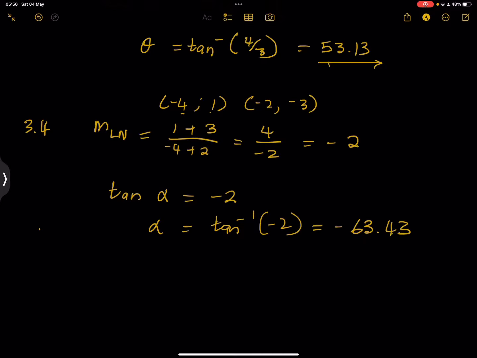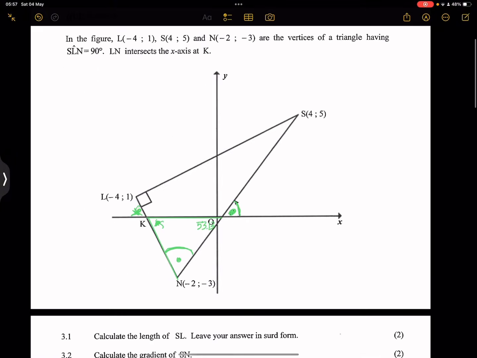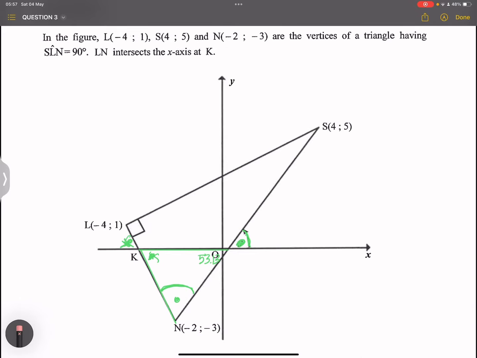That has a negative gradient over there. So in fact, what it gives me is this angle here. And remember that we take the angle of inclination from the right hand side. So usually we are getting this angle over here, but in that case we got this guy to be 63.43. So that means this angle over here is 63.43. They are vertically opposite, right?